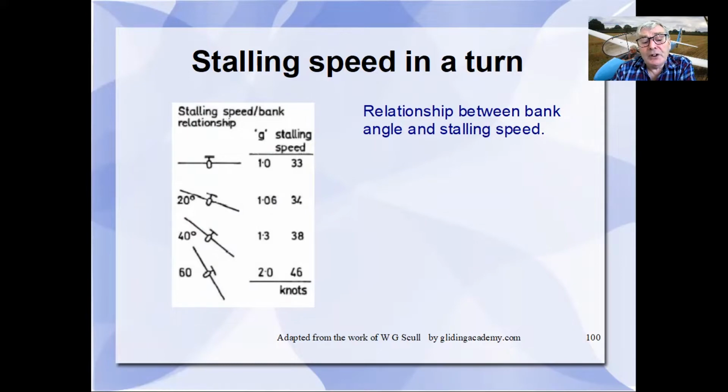And if we increase the bank further to 60 degrees, which is really quite steep, of course, then it becomes about 2G, and the stalling speed will be 46 knots.